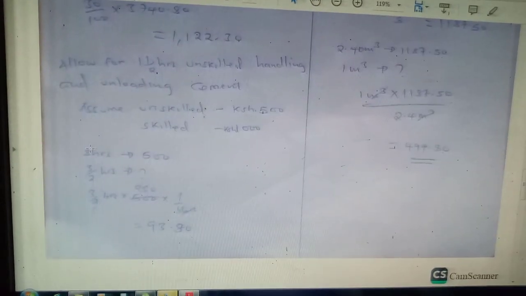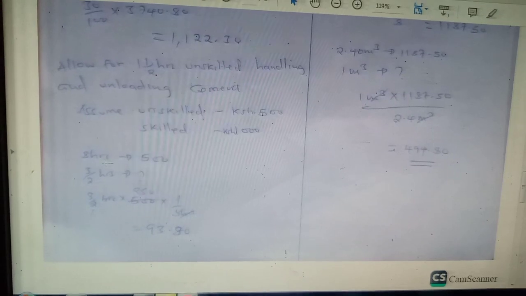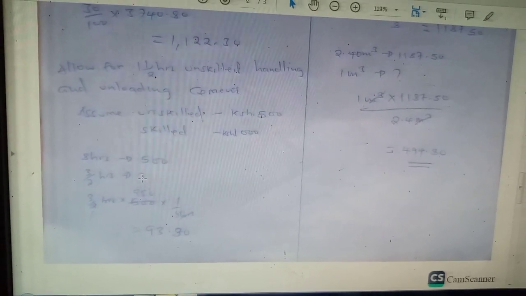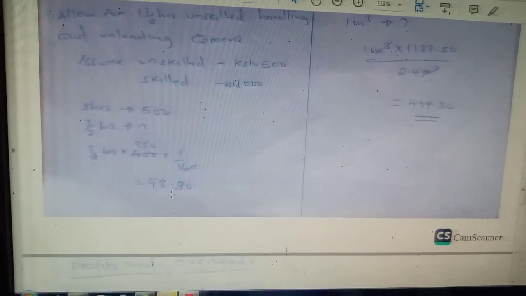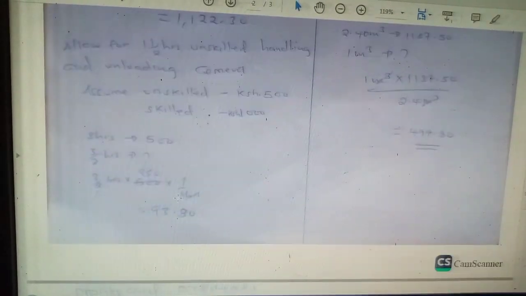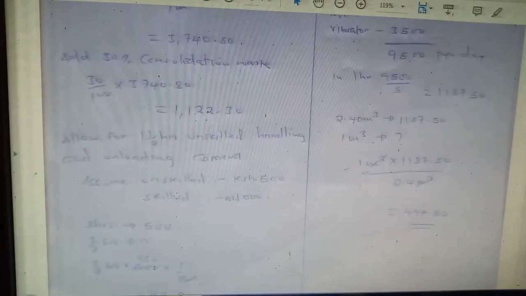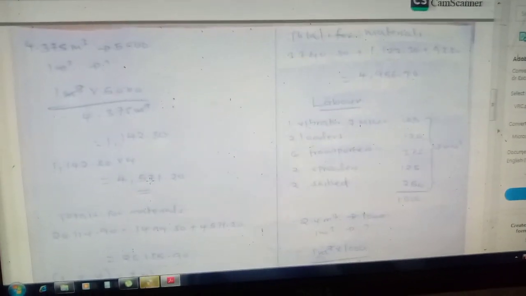So you say 8 hours is equal to 500. What of 3/2 hours? 3/2 hours will be 93 shillings and 40 cents. So that is the allowance for loading and unloading cement.